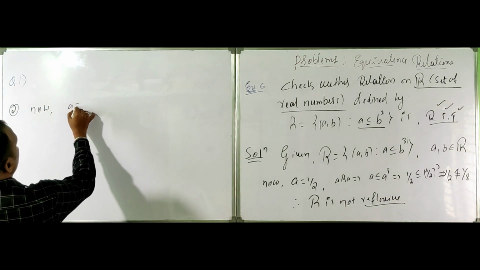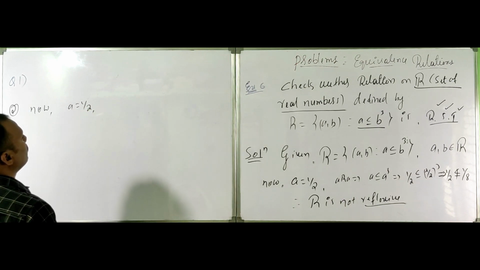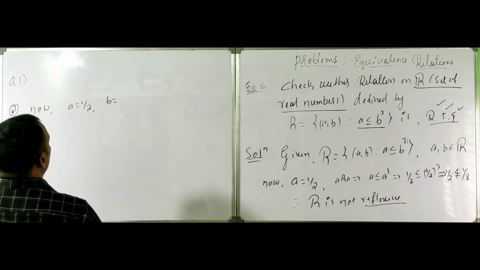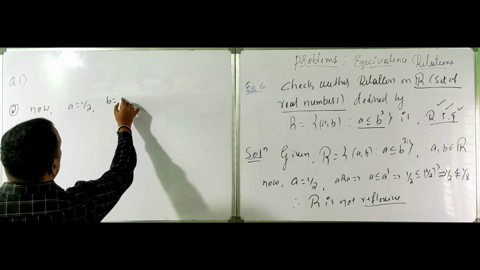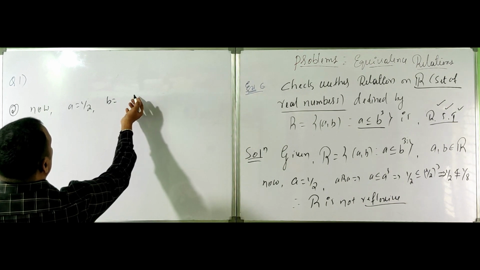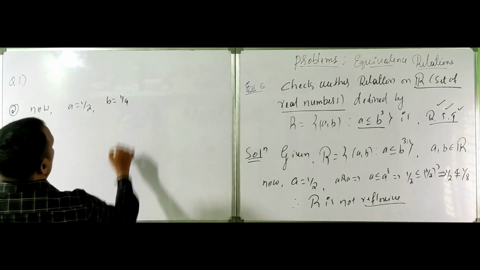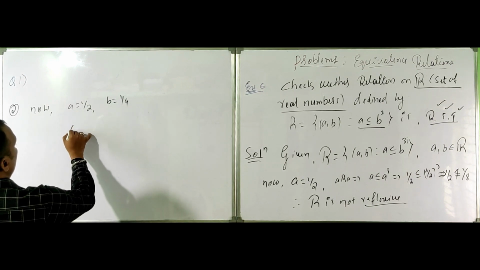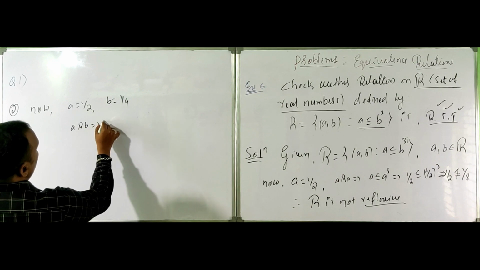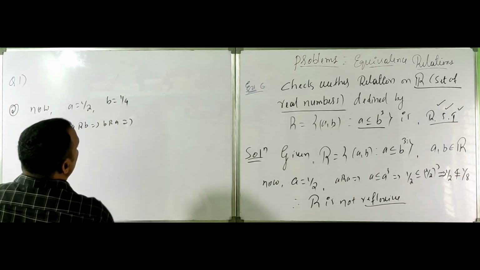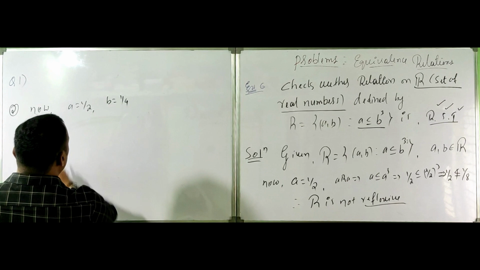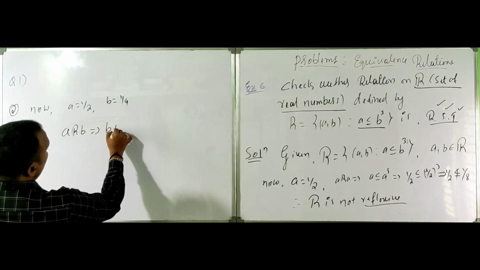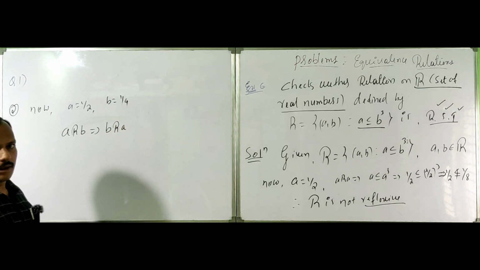Second one is symmetric. Now take a equal to 1/2 and b equal to, take any value, small value or greater value, 1/4. The condition is aRb implies bRa. I am taking a random value.